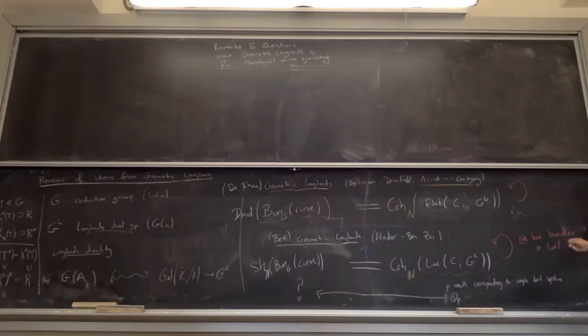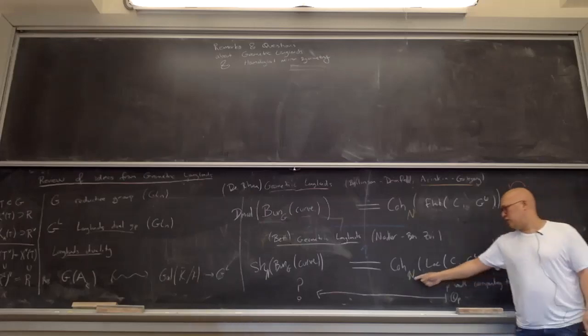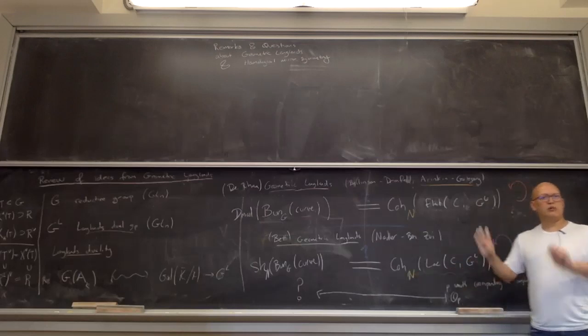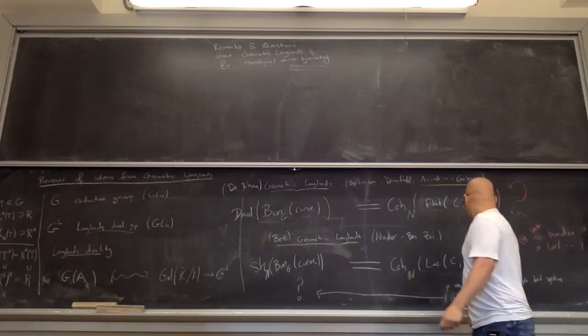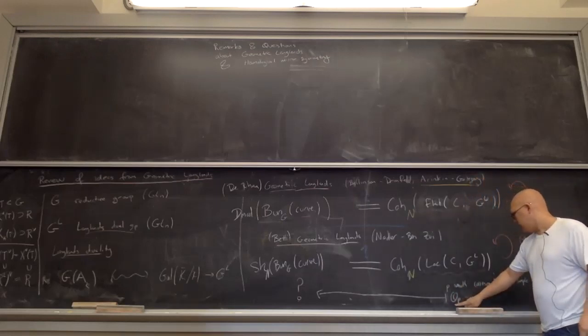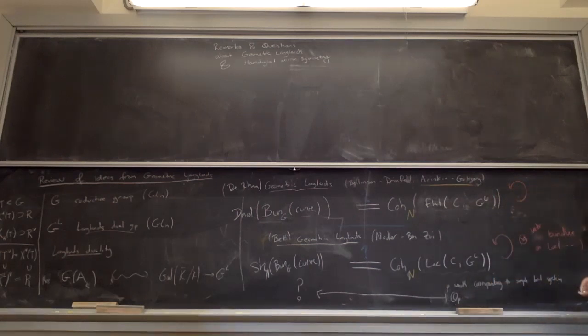I say line bundles or vector bundles as opposed to coherent sheaves because that has to do with this writing n. But anyway, there's something which acts on it, and the virtue of the structure sheaf at a point is that if I tensor it with some line bundle, then that's isomorphic to itself.